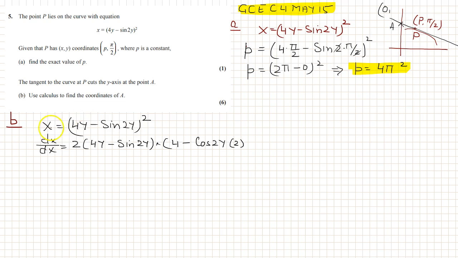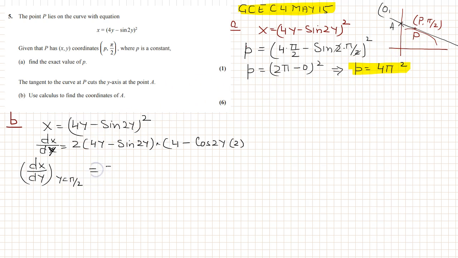So now dy over dx, at this dx over dy, so dx over dy at y is equal to pi over 2.